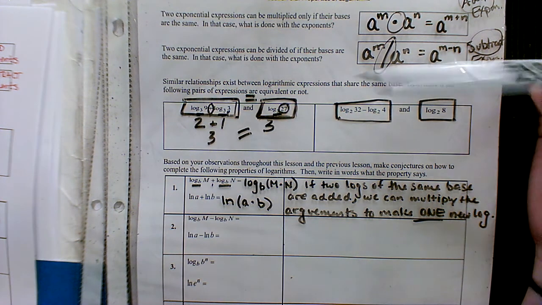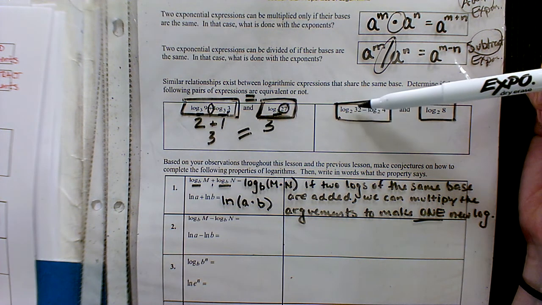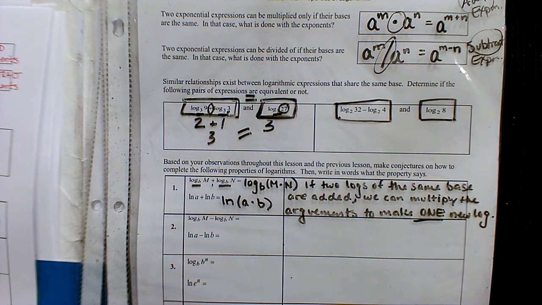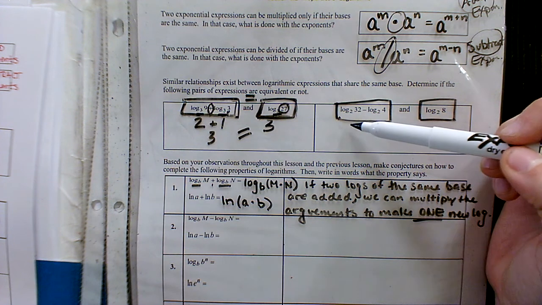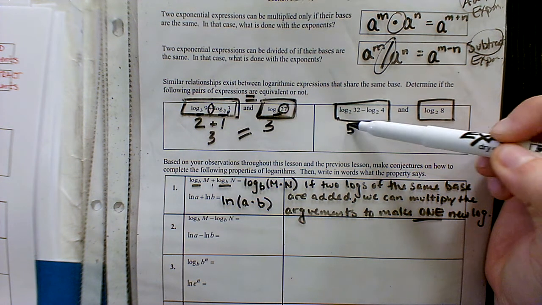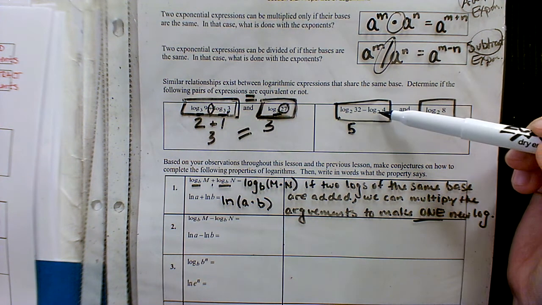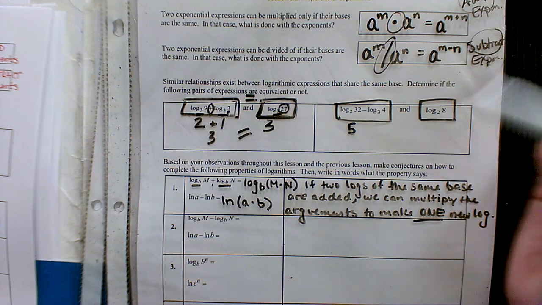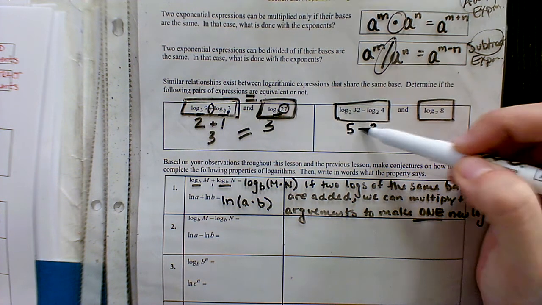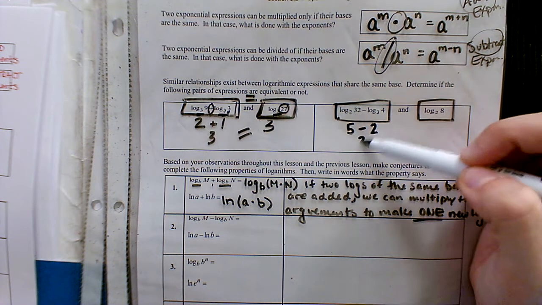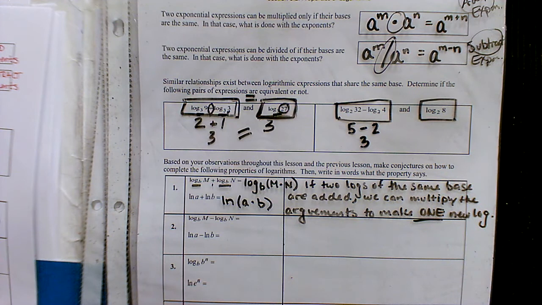So in our heads, can we think of what power we have to raise 2 to get 32? Two to the 5th. What power do we have to raise 2 to get 4? That'd be 2. And if we subtract 5 minus 2, that'll give us 3.